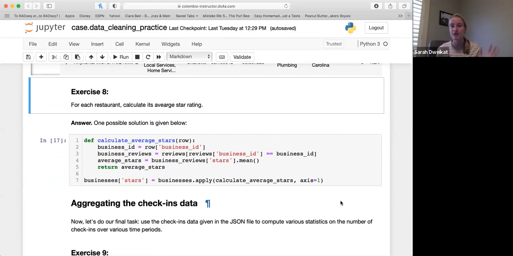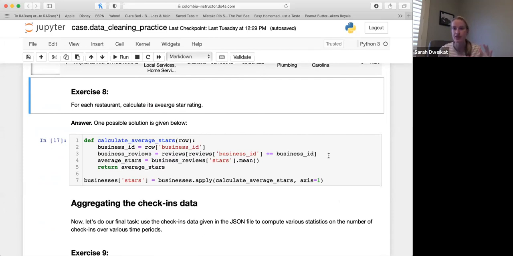Hypothetically, if we had 5 of the same business IDs and they had star ratings like 1, 2, 3, 2, 1, we would take the average of those 5 for that business ID. Similar to our previous code, we're looking at whether that business ID matches for the rows.